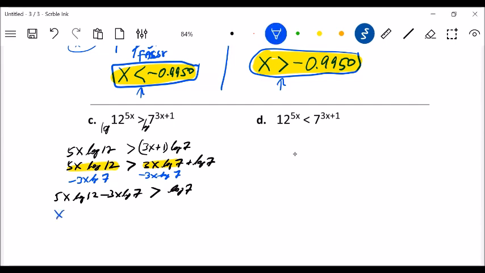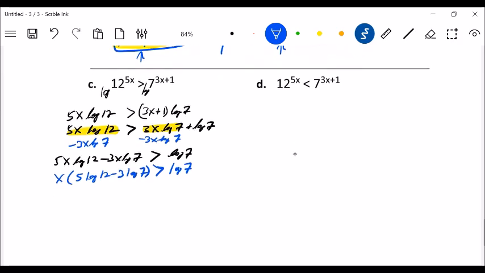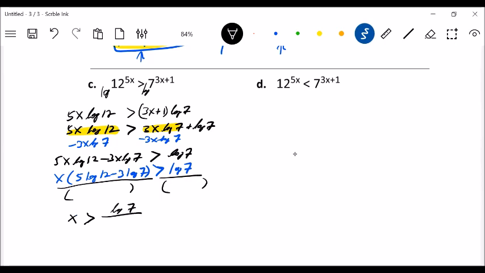Let's take an x out. x times (5 log 12 minus 3 log 7) greater than log 7. And we'll simply divide by this whole thing, so that x is greater than log 7 over, nope, 5 log 12 minus 3 log 7, because that's what this is here and here.